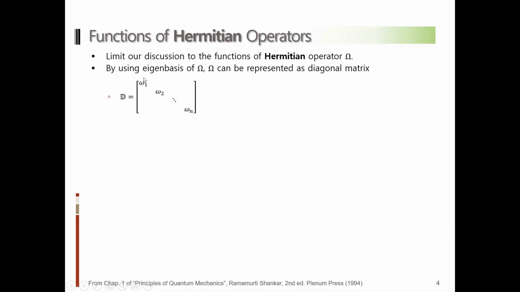Then we know that with this diagonal matrix, the square of the diagonal matrix is just squaring each of the diagonal components only.